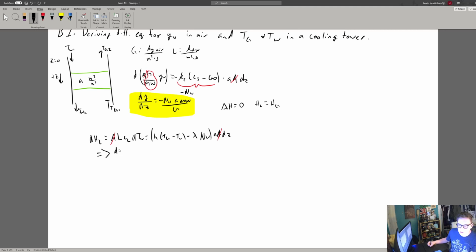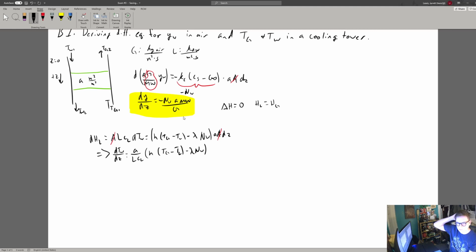So we get the change in the temperature of the water over the change in the height of the cooling tower is going to be equal to the specific area divided by the liquid flow rate times the heat capacity of the liquid phase, and it's going to be multiplied by our quantity here, the coefficient of heat transfer times the difference in the temperature of the gas and the liquid, minus the specific heat times the mass flux.